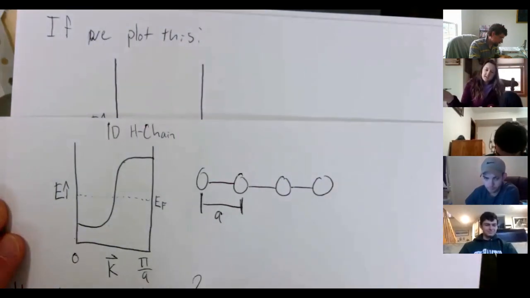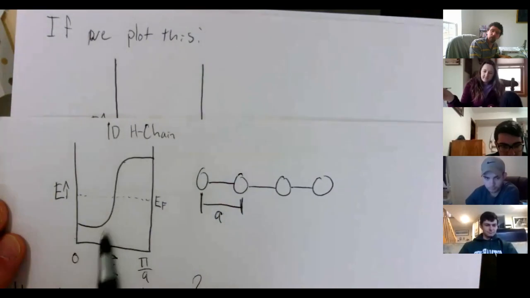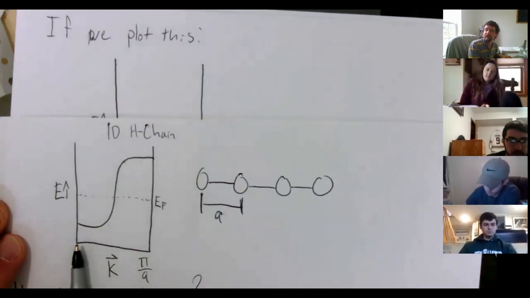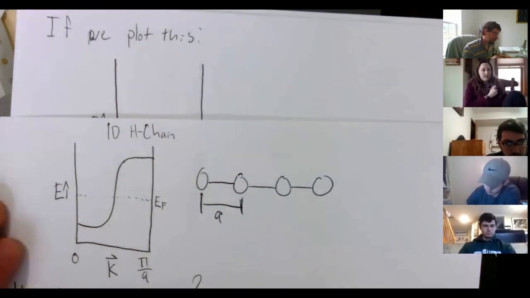The ones underneath the EF. Yep, that's true. Those are all bonding. Which one's the most bonding, though? Is it at 0? Yep, it's at 0 where it'd be the most bonding. What about the most anti-bonding? At pi over A. Yep, exactly.